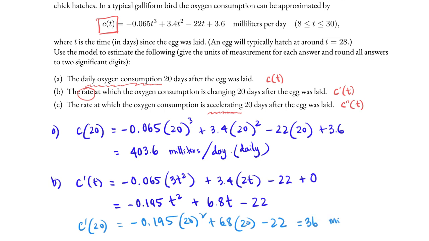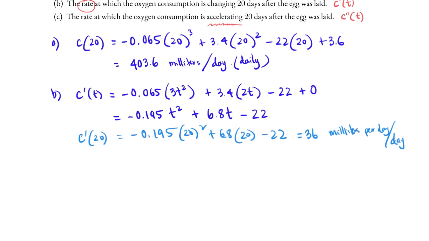And the unit is milliliters per day per day. What this means is that each additional day, the daily oxygen consumption will increase by 36 milliliters per day.